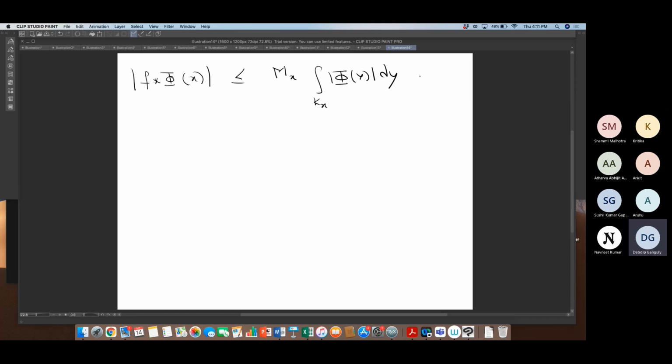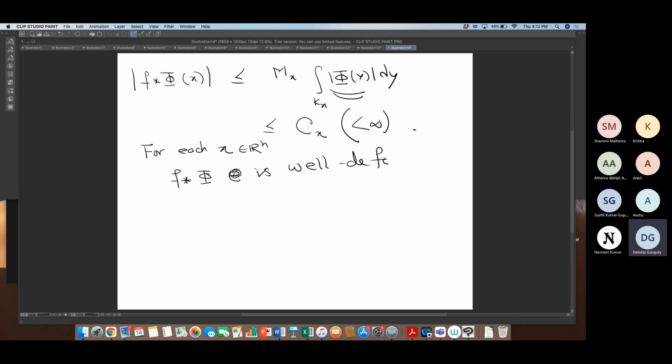Is that finite? Yes, because phi is L1 locally. So this is some constant c of x, which is finite. So for each x in Rn, f convolution phi of x is well defined. That is why there is a very important remark: why I need phi to be L1 locally.